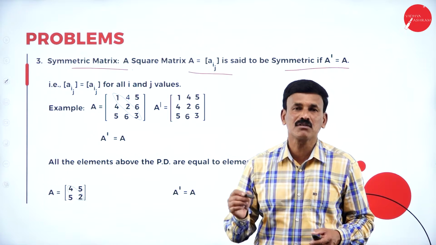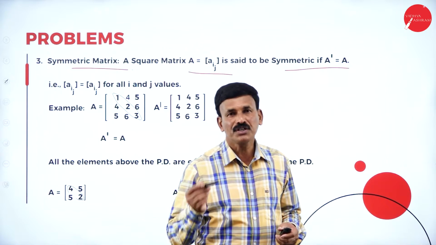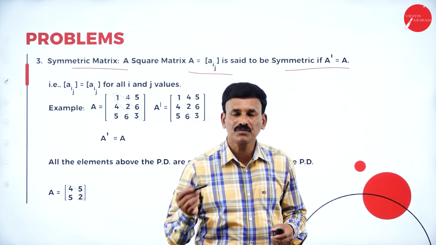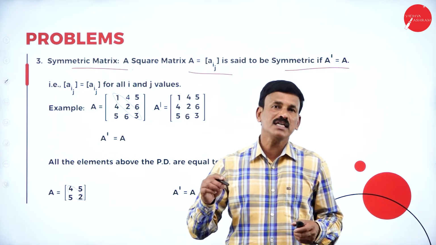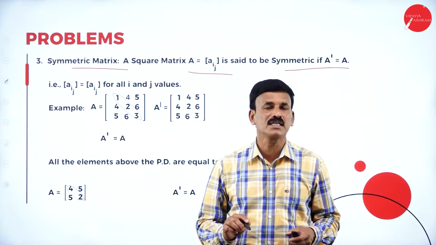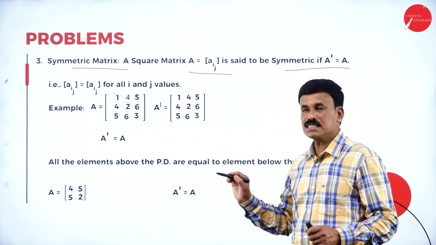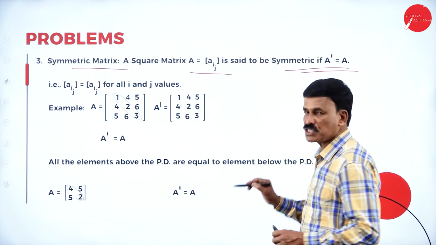In a square matrix of order 2, 3 or 4, if all the elements above the principal diagonal are equal to the elements below it, then it is called a symmetric matrix. So a matrix A is said to be symmetric if A dash is equal to A.